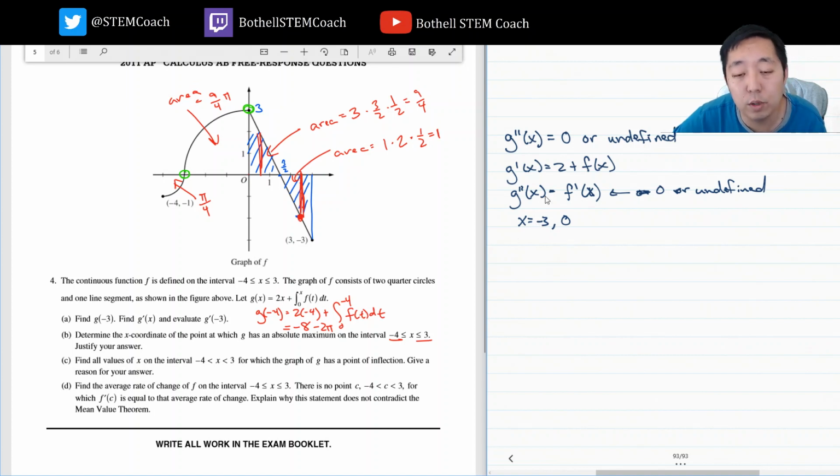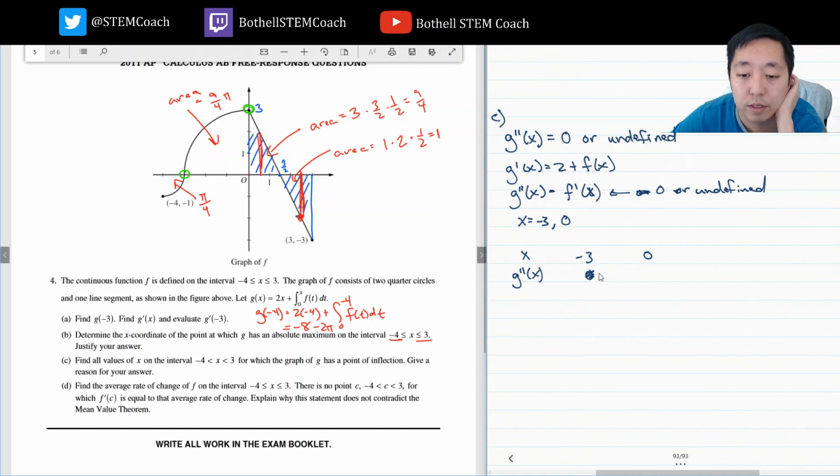Now, a point of inflection means the concavity has changed, from concave up to concave down. So I want to do a sign test for the second derivative of g. Let's do x and g double prime of x. Now we know that at -3 and at 0, it's 0 or undefined. At -3, it's 0. Wait, why did I say that? Oh, it's undefined there.